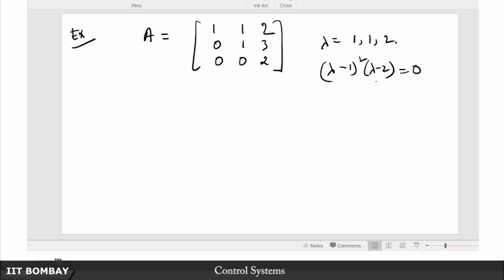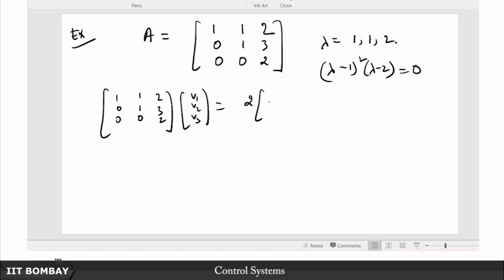So now fine, we have got this, so let us find out first the eigenvector for the eigenvalue, say 2, okay. Let me write down A here. So what we then have is A times V1 V2 V3 is going to be equal to 2 times V1 V2 V3. We have done this sort of calculation earlier, so it should be pretty familiar to us at this point.